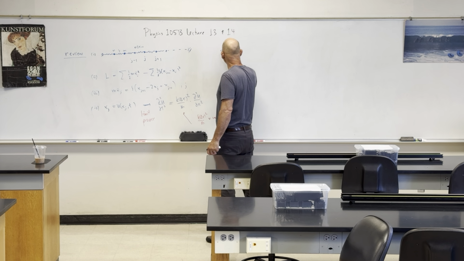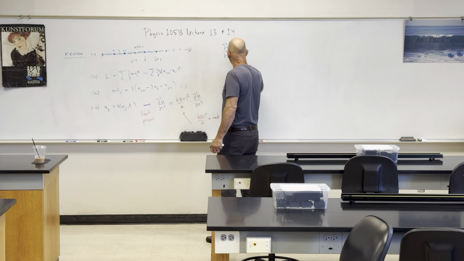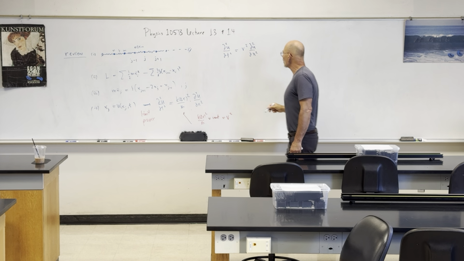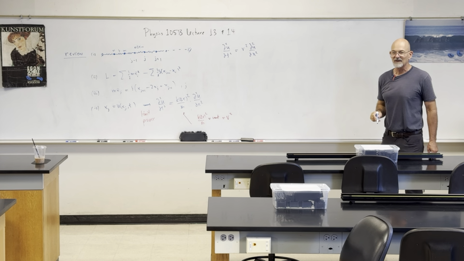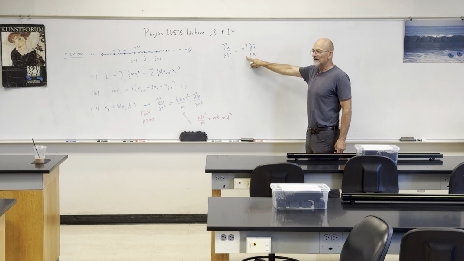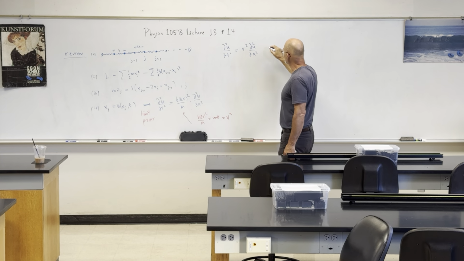This is something you'll see a lot of in future. v squared d squared u dx squared. That's the one-dimensional case. Have you guys seen the three-dimensional version where you have a del squared operator? Let me write it down for you.